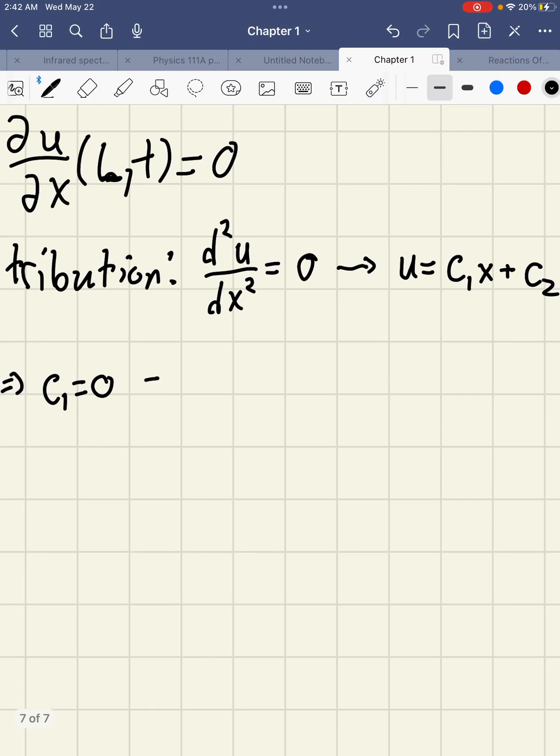And therefore, my temperature is just equal to the constant c2.